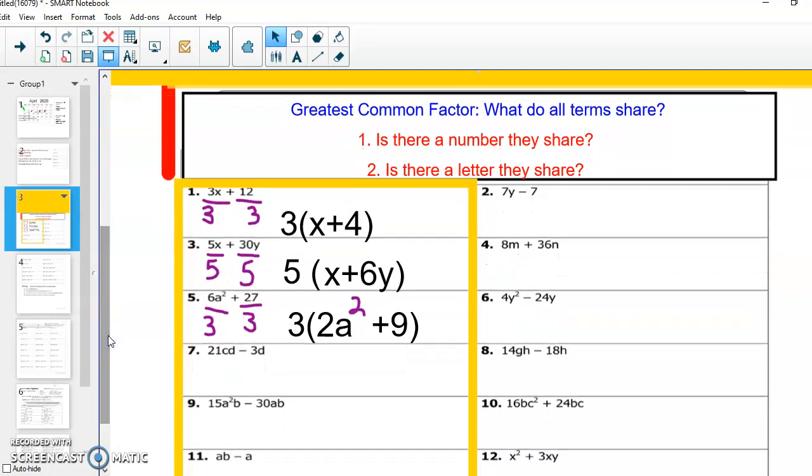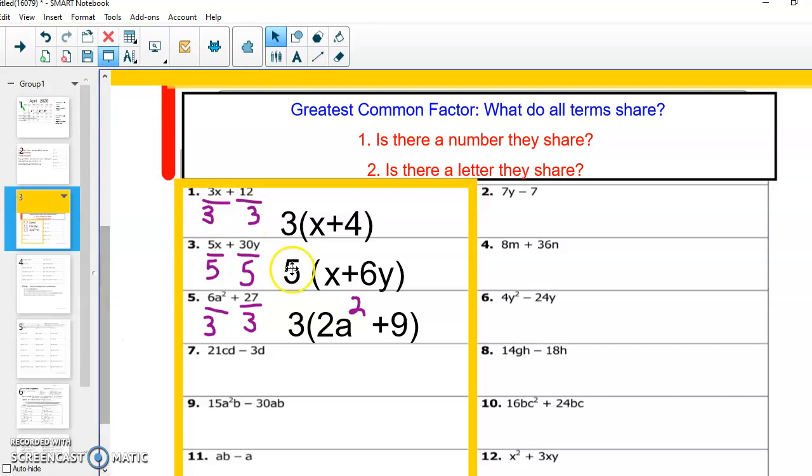Yesterday we defined greatest common factor as the term, number, or variables that are shared by the terms in our polynomial or expression. To find it, we need to answer 2 questions. 1, is there a number that our terms share?